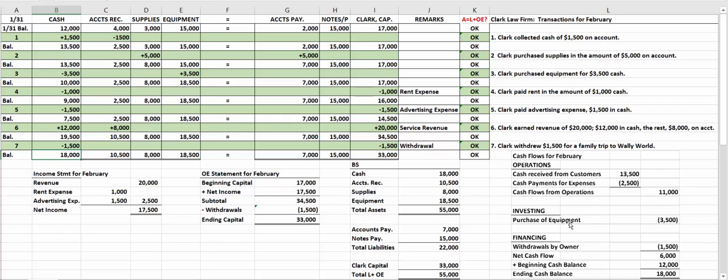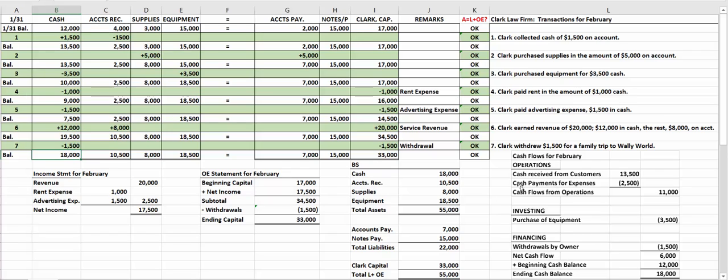Same thing is true with the investing. We purchased some equipment for $3,500, and that was transaction 3. You'll see a minus $3,500 in your cash. Under financing, there's only one financing transaction. It's the owner taking cash out of the business, transaction 7.